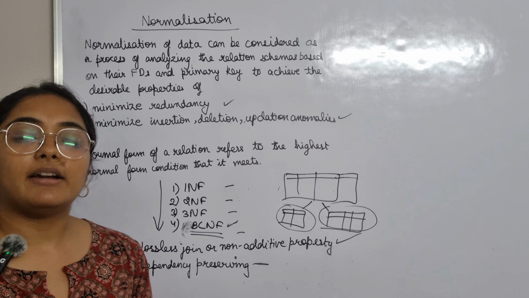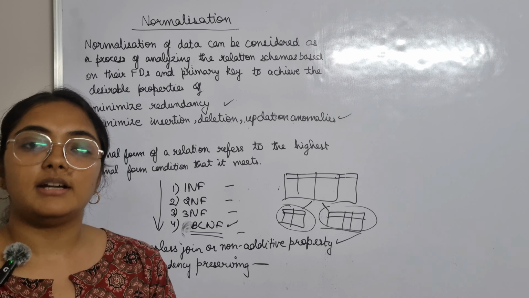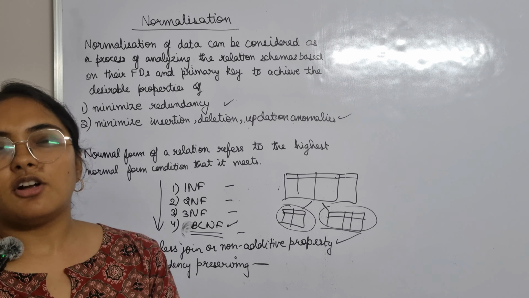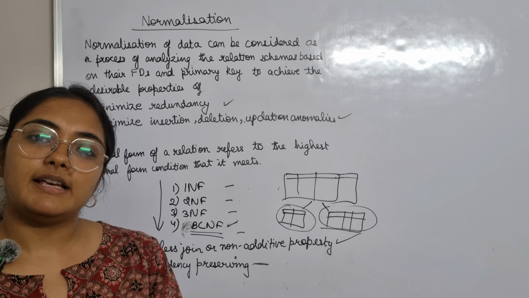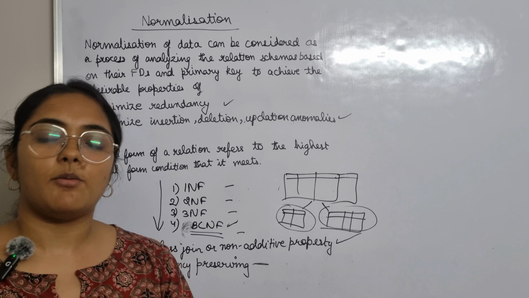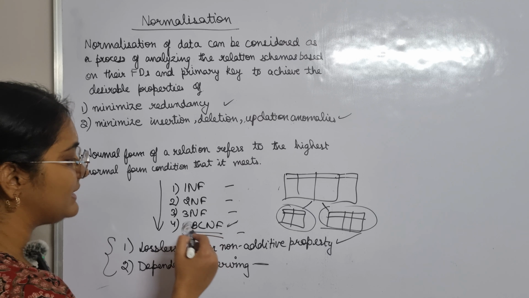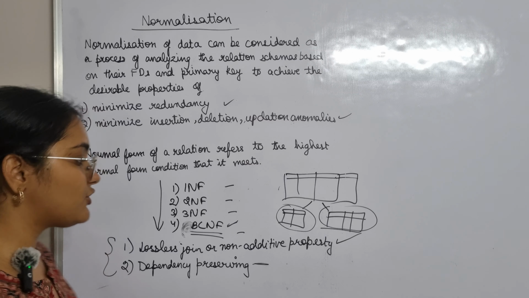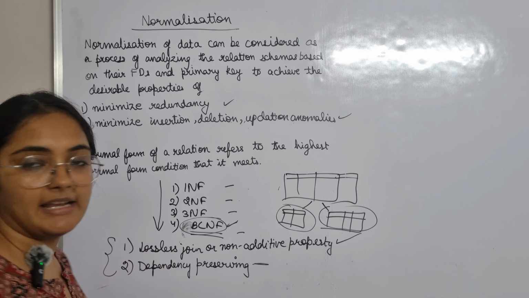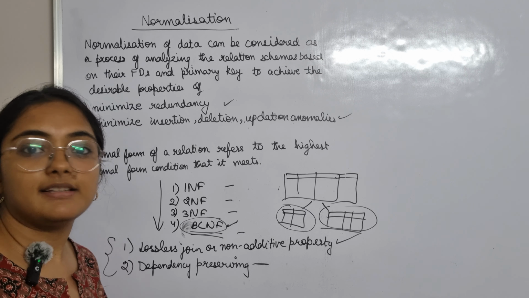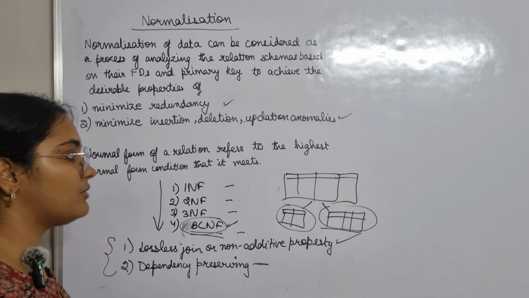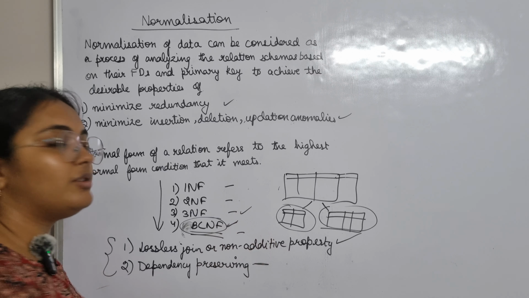And apart from that, it is also important to see that it's not always necessary to normalize to the highest normal form. It's not necessary that, since we have BCNF, every relation schema should be normalized until BCNF, otherwise it's not good enough. That is not how it should be. Maybe till 3NF it is good enough.